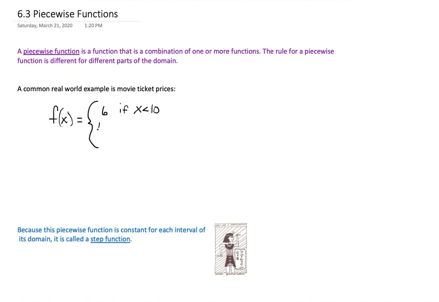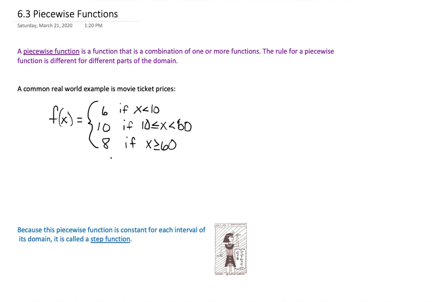Then you have to pay $10. But once you hit 60, then you only have to pay $8. So this is kind of what a piecewise function looks like.